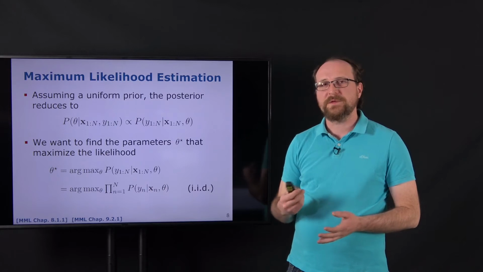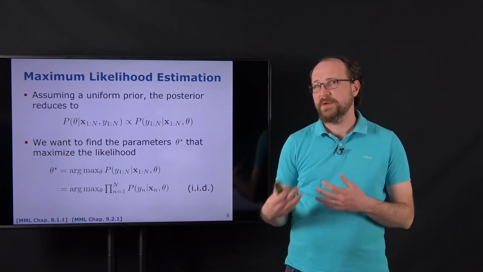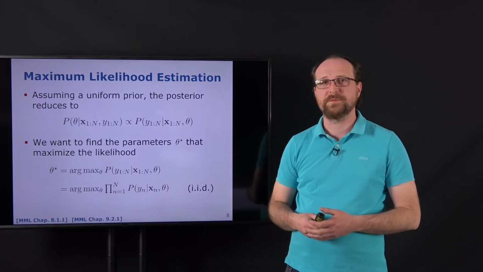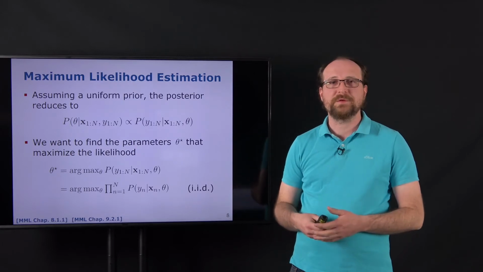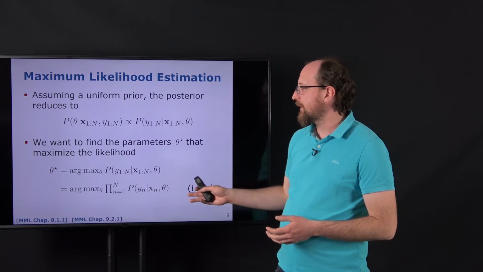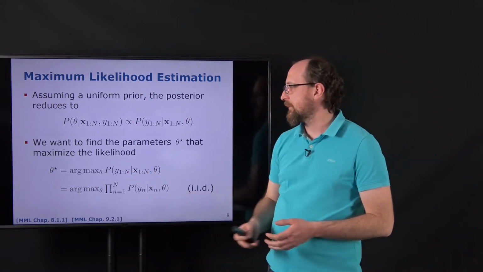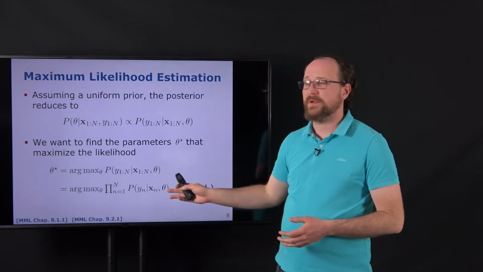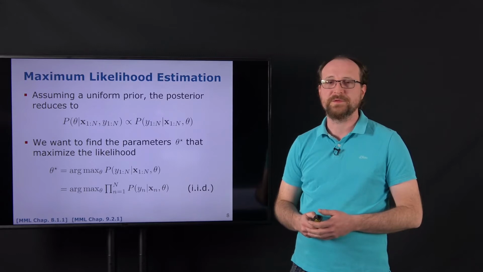Maybe remember from the first lecture that we assume that our examples are generated independently. With this independence assumption, we can write the joint probability over all targets given all training examples just as a product. And this makes the derivation a little bit easier in the end.